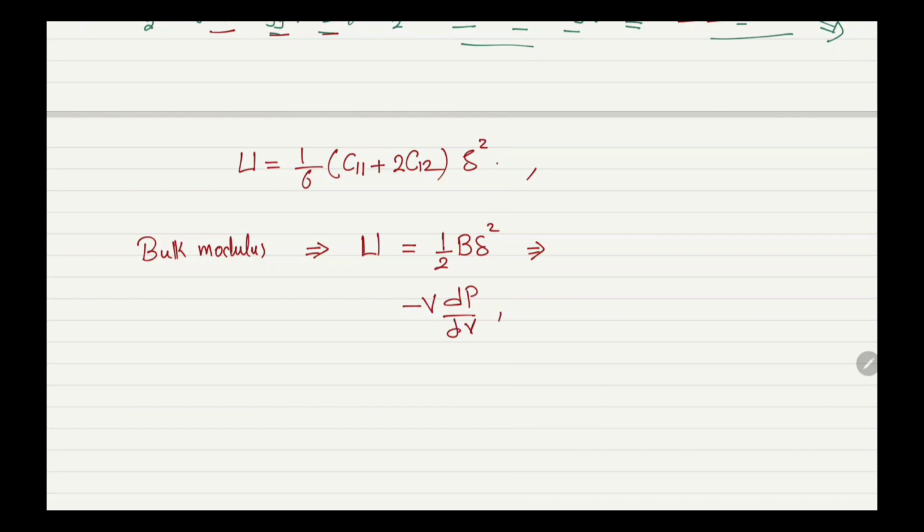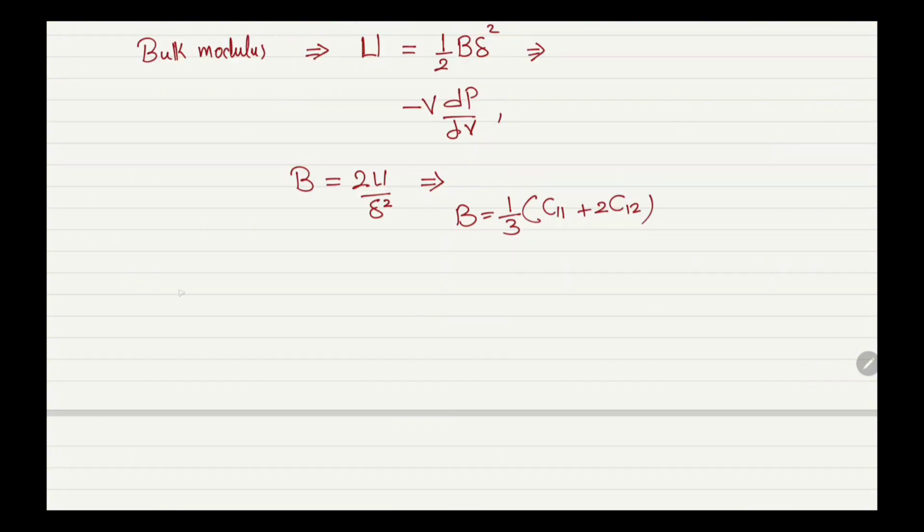And for cubic systems, B equal to 2U divided by delta square. In other words, B equal to 1 over 3 (C11 plus 2 C12). We just substitute U, this one here, back in this one, and we got here the bulk modulus.